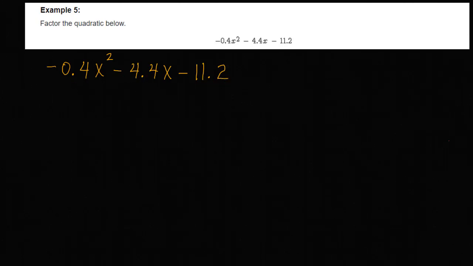But let's do the following. Imagine for just a couple of seconds that instead of dealing with decimal numbers here, we are dealing with integers, okay? Imagine that instead of having negative 0.4, we instead have the following coefficient.